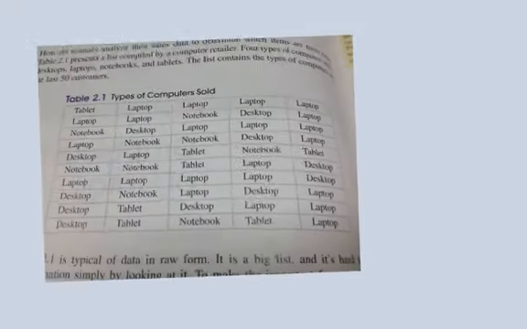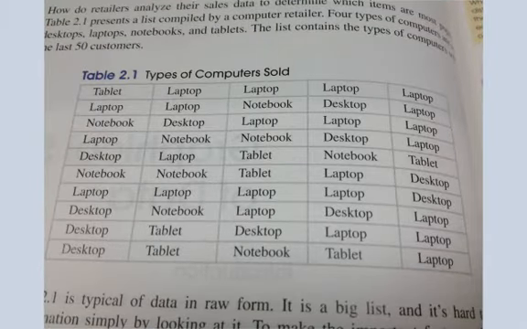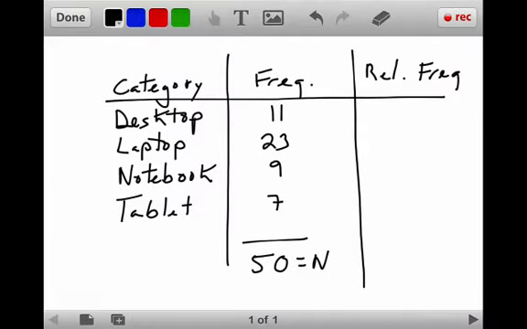So let's look at our data here, and we will try to add one more column to our frequency table. So here we have our table again. I added the third column, which is relative frequency. And remember the definition of relative frequency: you take the number in the frequency column and you divide it by the total number of participants.